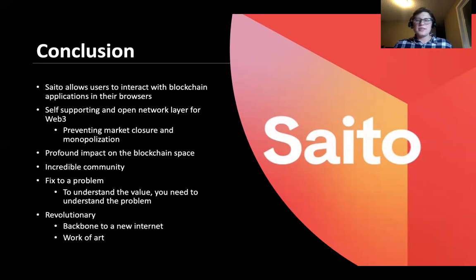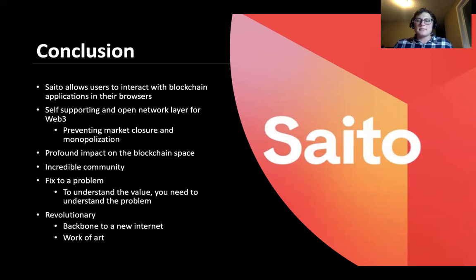And now with this whole Saito consensus mechanism, we could see that it is entirely self-supporting, and it's an open network layer for the Web3 world. And ultimately, this openness is going to prevent any sort of monopolization from occurring in the future, which I think is neat. So I think that Saito has the ability to have a huge, profound impact on the blockchain space.